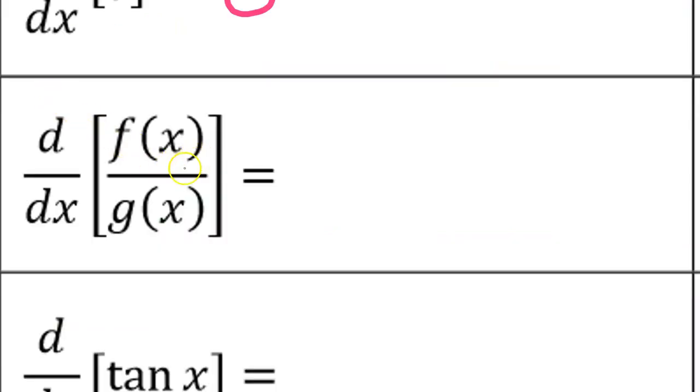Here's what that means. Low d high. Low is g of x. And d high is f prime. So that's low d high. Less means subtraction. Low d high less high d low. High is f of x.